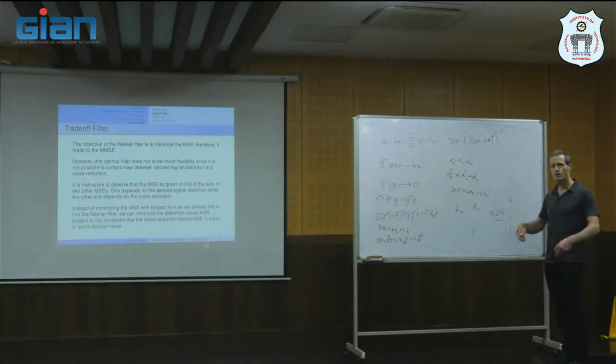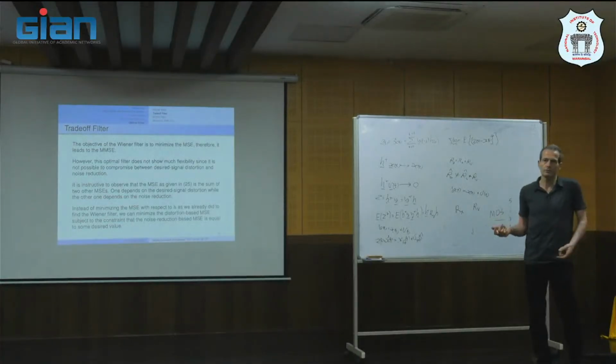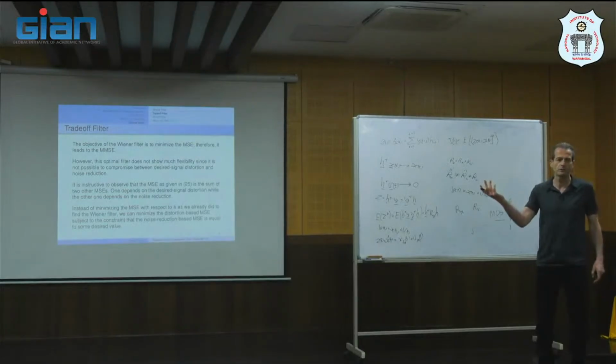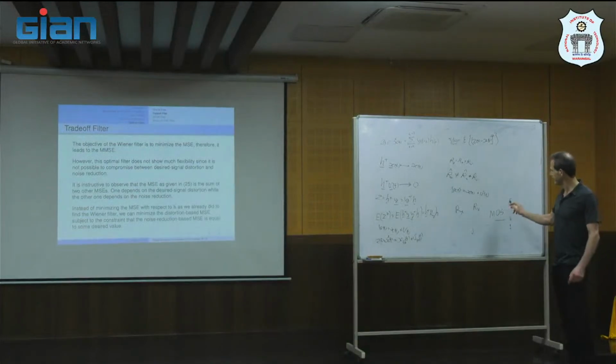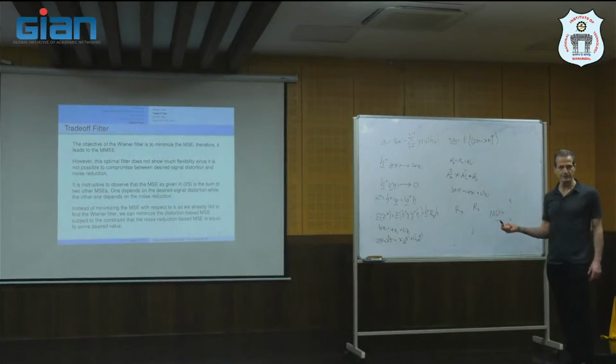Because if we don't teach them, they don't know whether this signal is maybe a 4 or a 2. But if we train them how to give this grade, and then we take the average grade for a large number of persons, it's called the mean opinion score. So it's subjective, and many times we want to optimize this.